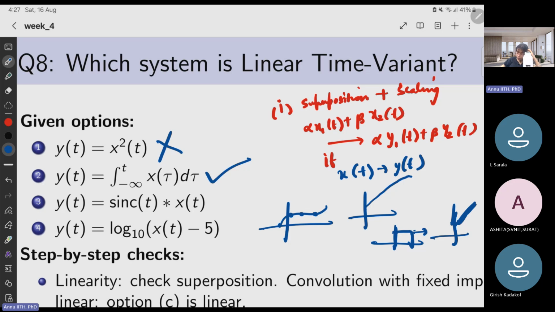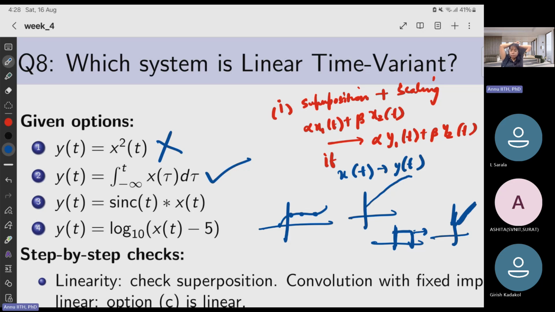What do you think? Sinc(t) convolution with x(t). Is it changing the order of x(t)? What do you think? If you're convolving any signal with x(t), is it changing?